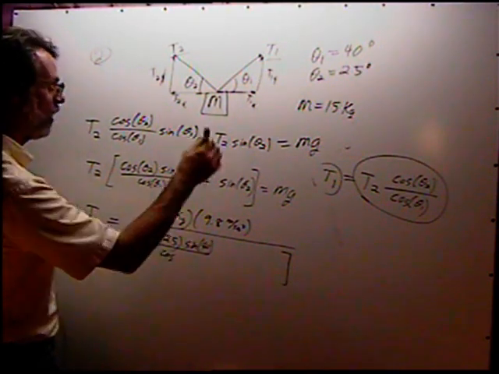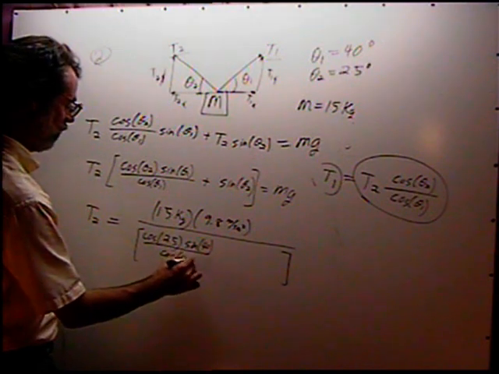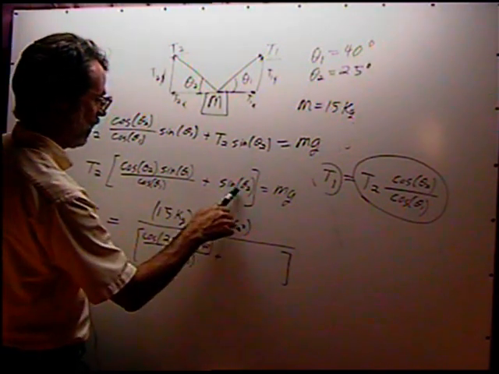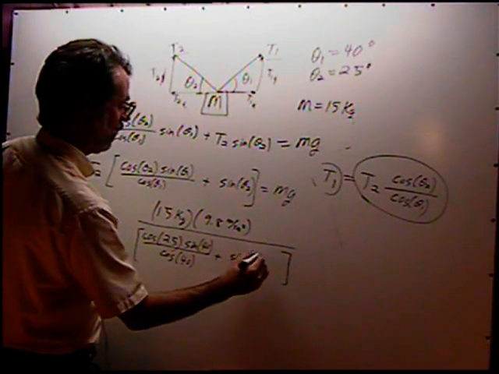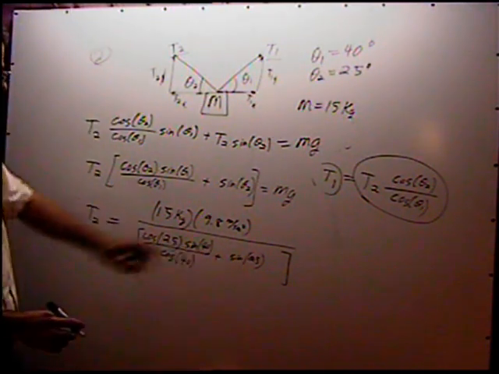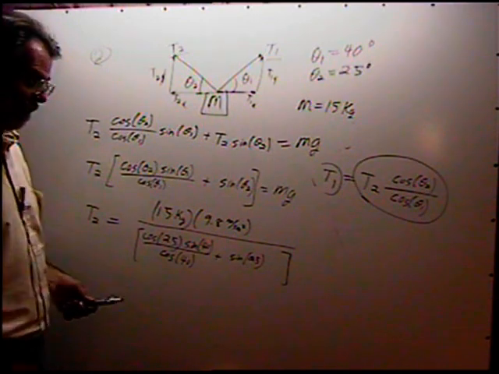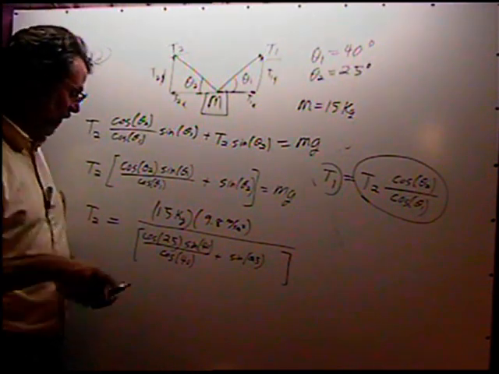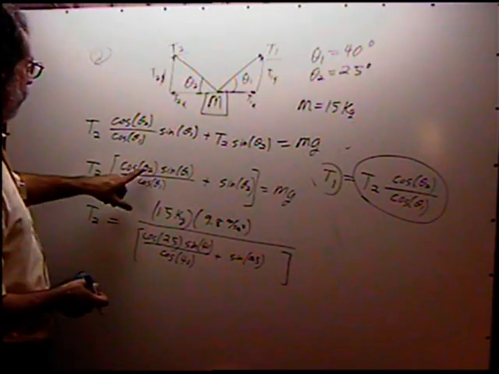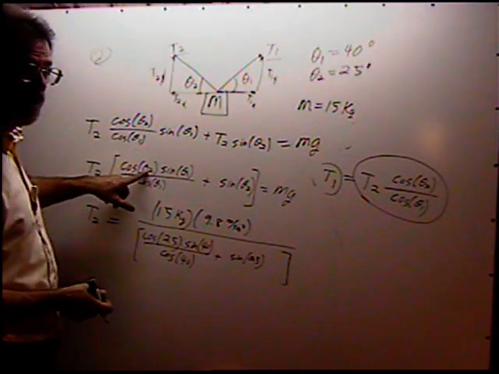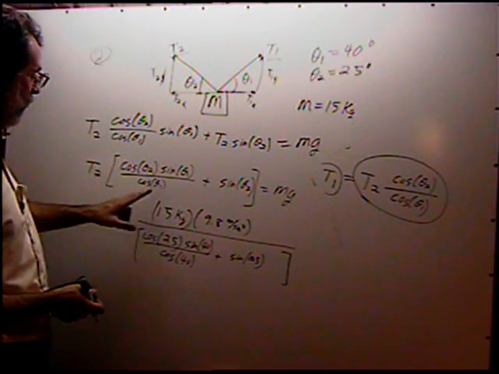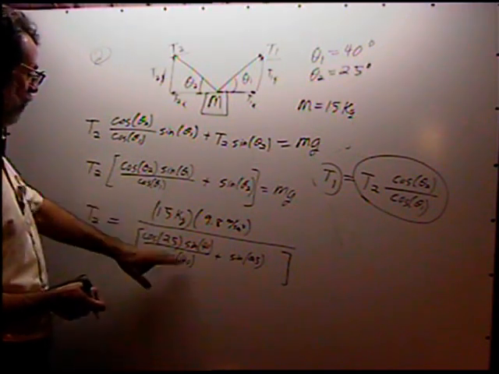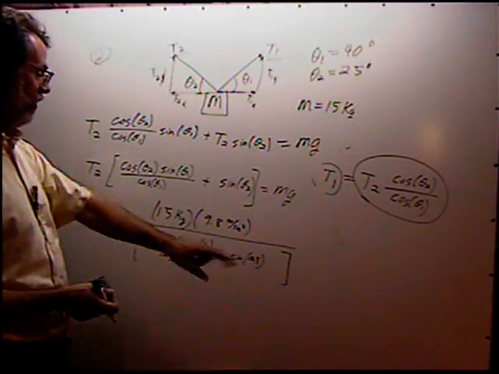Cosine of theta 1, which is 40, plus the sine of theta 2, 25. It'd be very easy to get these angles mixed up here, which would change the answer. So let's make sure. Theta 2 is 25, theta 1 is 40.